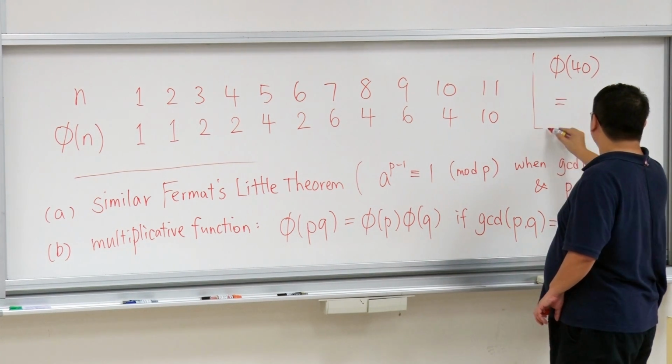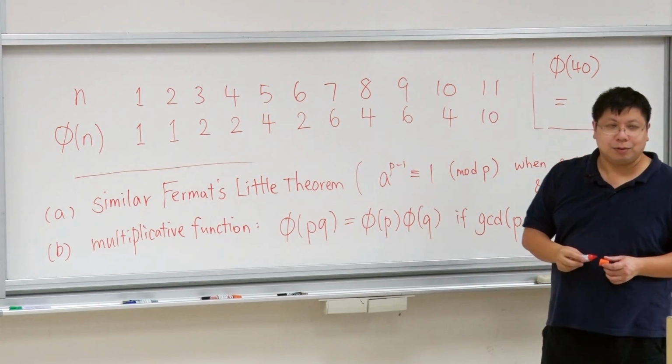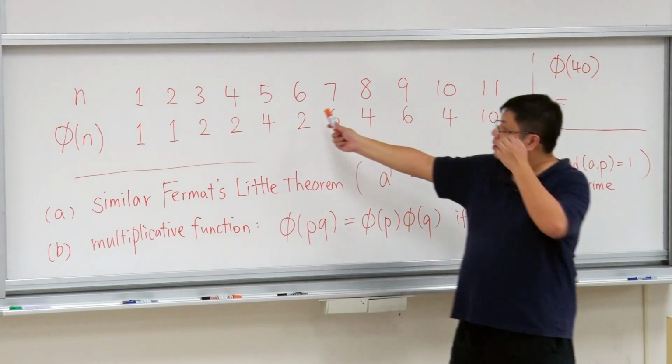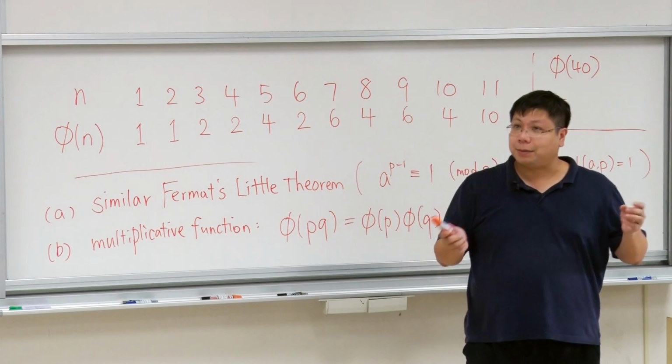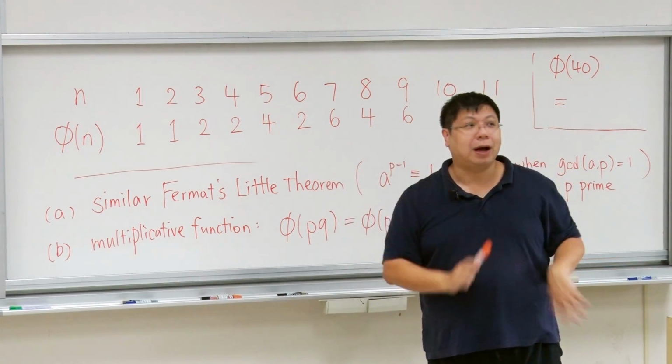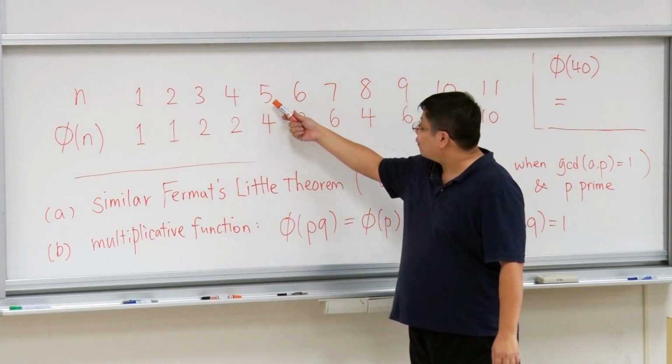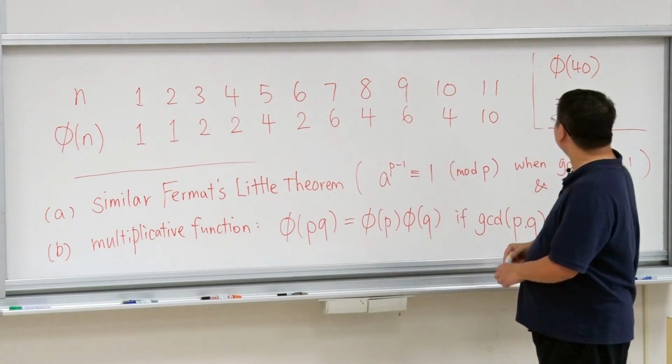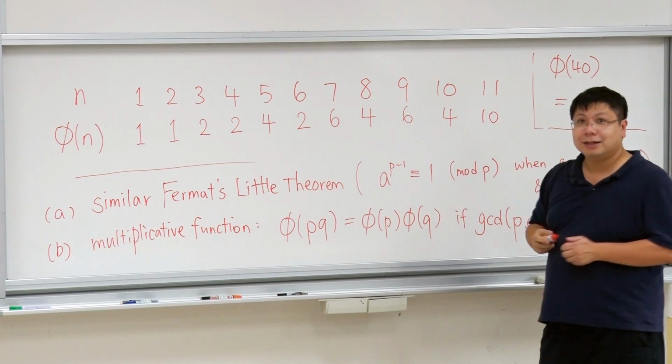Phi of 40, how do I get? So from this table, I know that 40 is equal to 5 times 8. And it turns out that 5 and 8 are coprime. So I can have 5 and 8, so I know that this is going to be equal to 16. Is that okay?